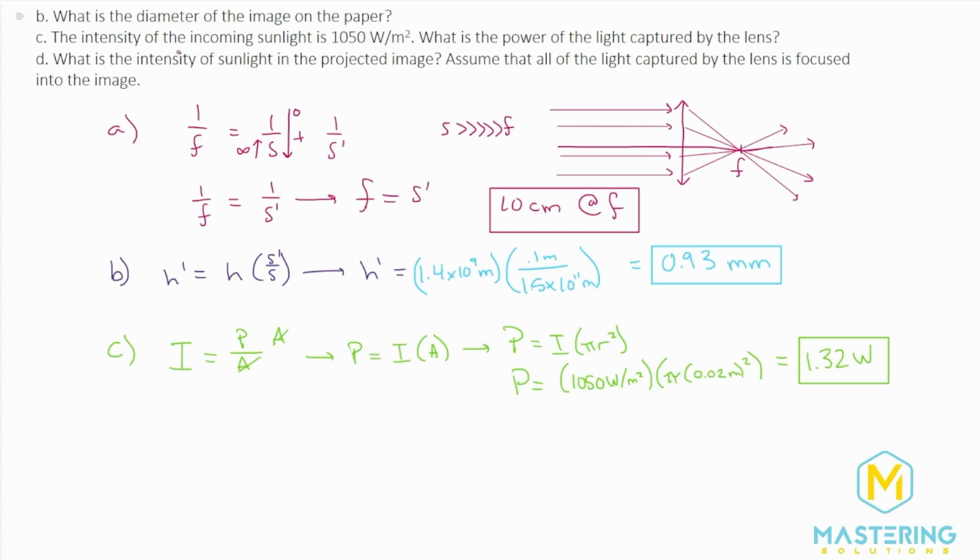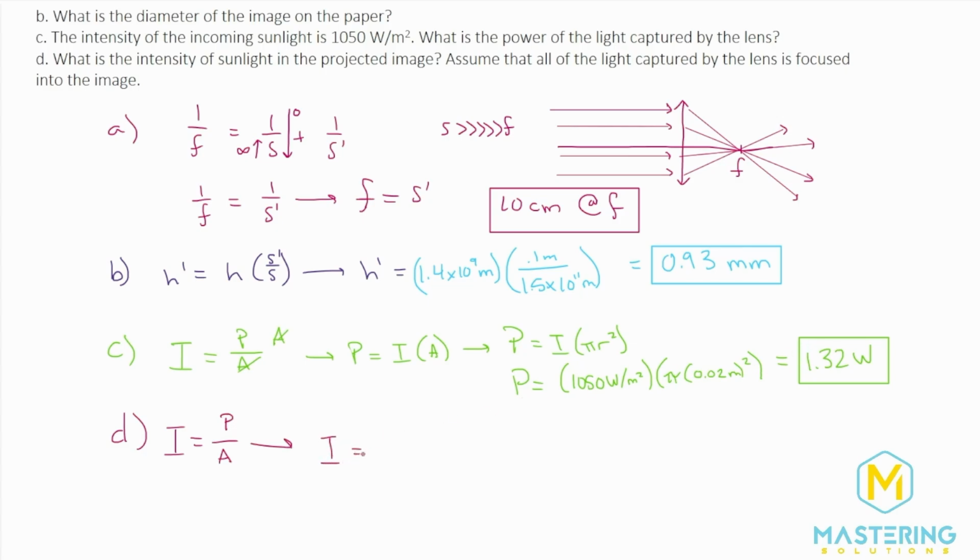And now last one, let's move on to D. Now we need to figure out what's the intensity of the sunlight that's focused down into the image. So now we're going to use the same equation, but we already have it solved for intensity with the power over the area. So for this one, we're going to use the power that we just solved for.